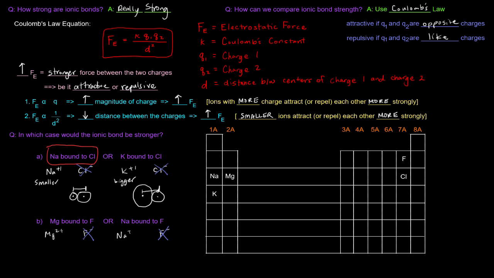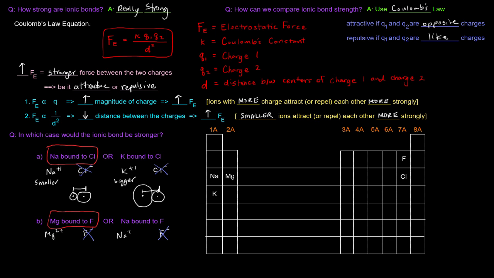It's got a Q value of 2, whereas this one has a Q value of 1, on a relative magnitude of charge. So I would expect the electrostatic force to be larger between Mg2 plus and F minus than between Na plus and F minus. So the ionic bond would be stronger between Mg and F than between Na and F.